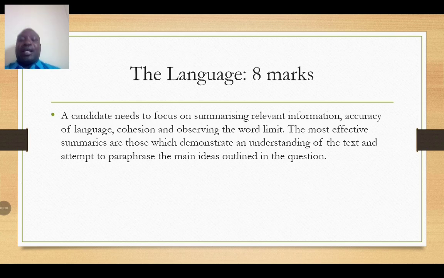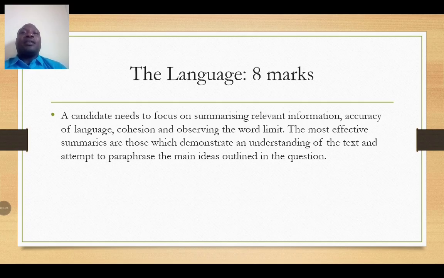Language is also 8 marks, and the candidate needs to focus on summarizing relevant information. The summary task in the IGCSE exam is not just about capturing the essence of the passage, but also demonstrating impeccable language skill. Don't forget, the language you employ is equally vital.